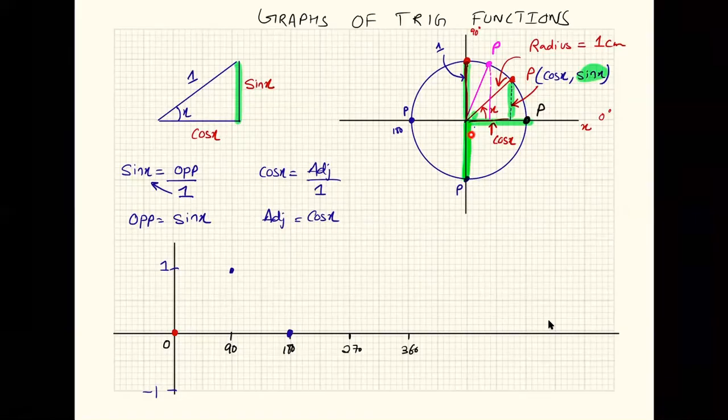Although the length is going to be 1, since this is the y-axis and this is the x-axis, and it's below the x-axis, this point is going to be -1. So at 270 you get -1, and then when the point P comes back to this position at 360 degrees after completing one entire revolution, then again the vertical component gets 0.